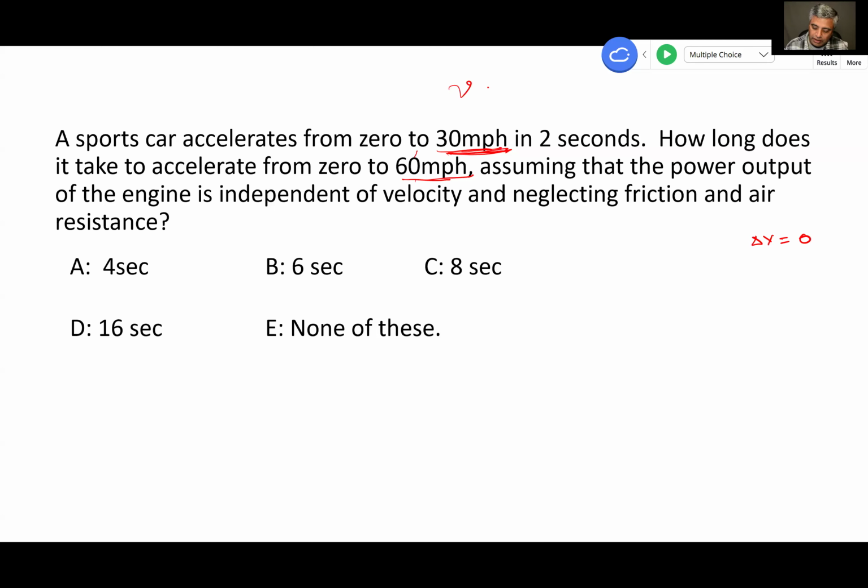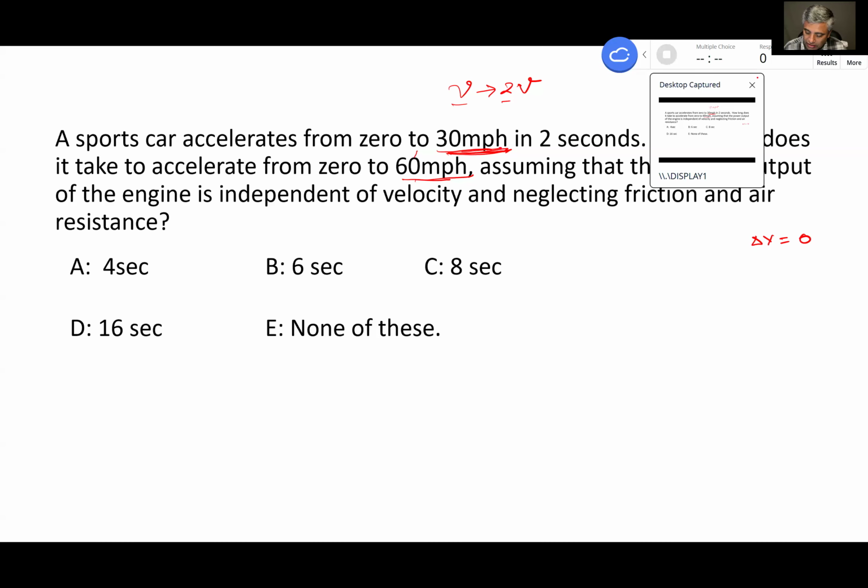So speed doubled. Speed went from v to 2 times v. Yes, you can use this speed, but for that you have to convert it to meter per second. You can convert and find all the numbers, but you can also do, okay, it's just doubling. See if I can just come up with the answer with that. Okay. So with that said, I will let you work on that.